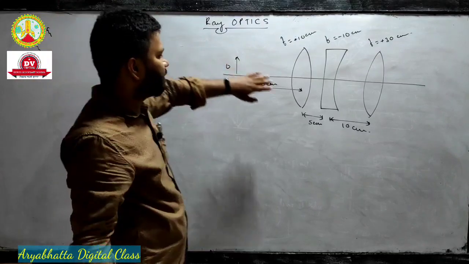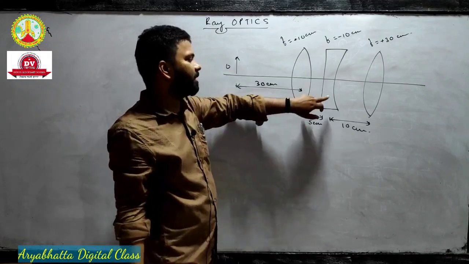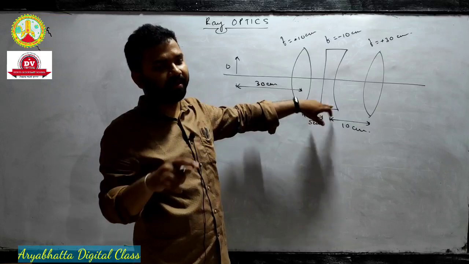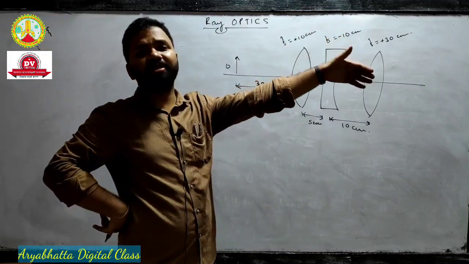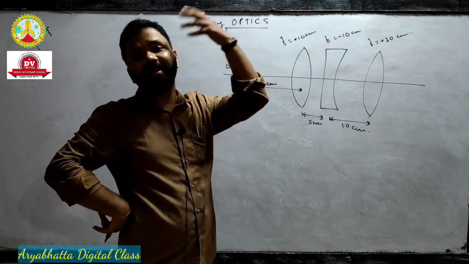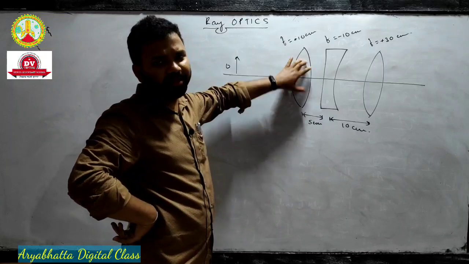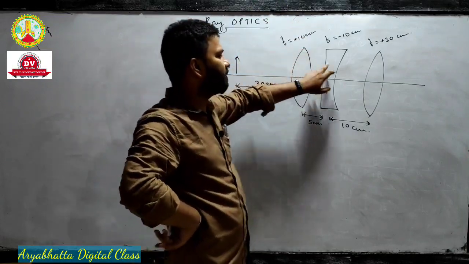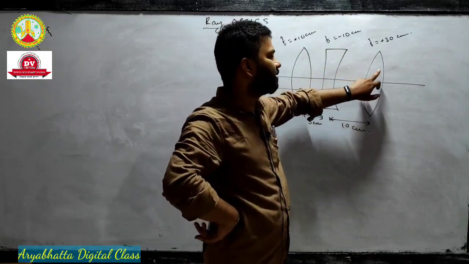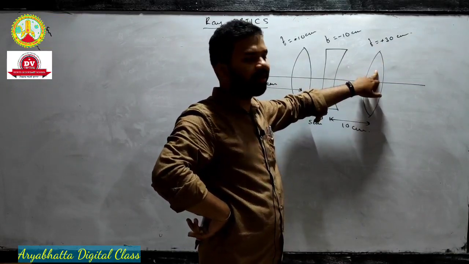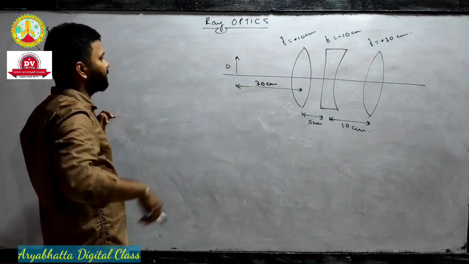So what will happen? This lens will first produce an image. That image will be the object for the second lens. I said in an example that when we use specs, what happens? The actual object forms an image, and that image forms a final image, where? On the retina, okay? So this lens will produce an image, I don't know where it will form. That image will be the object for this lens, and whatever image forms by this lens will be the final image. Okay, this is the chronology.